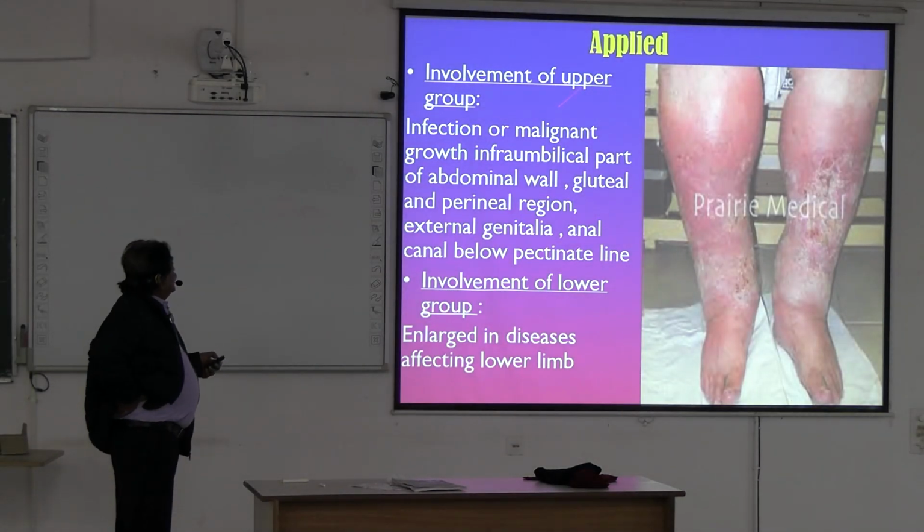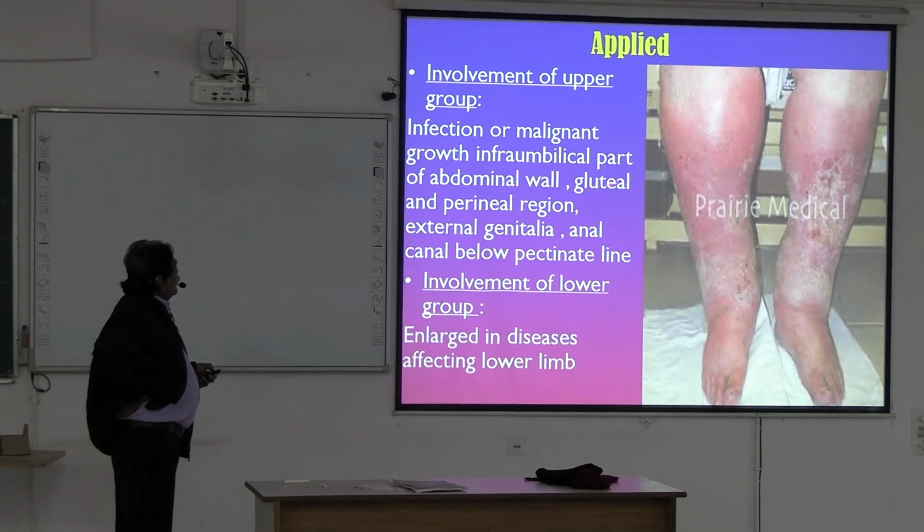Now, applied anatomy: involvement of the upper group occurs in infection or malignant growth of the infraumbilical part of the abdominal wall, gluteal and perineal region, external genitalia, anal canal below the pectinate line. Involvement of the lower group, enlarged in diseases affecting the lower limb.